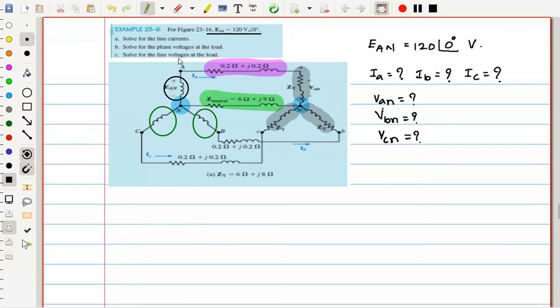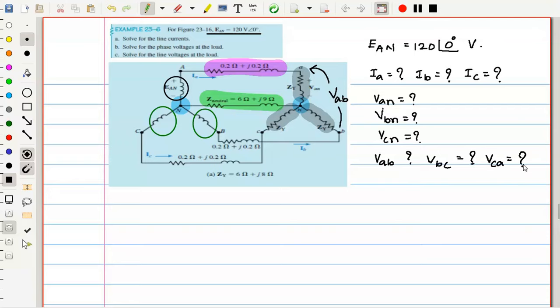Next, solve the line voltages at the load. Try to observe carefully. The line voltages at the load are VAB, meaning A to B. From here to here is VAB. This is a line voltage, with A at positive. Similarly, VBC, so B to C. Similarly, VCA.